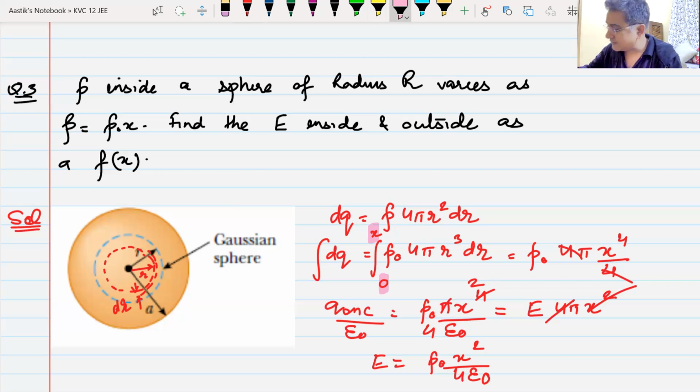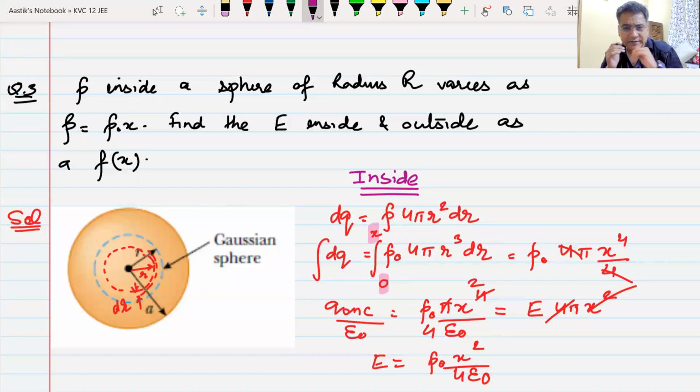This was for inside. Anyone having any doubt, please ask. I just have to find out how much charge comes inside divided by epsilon naught, which will be equal to E into 4 pi x square. I will have to repeat the same steps.